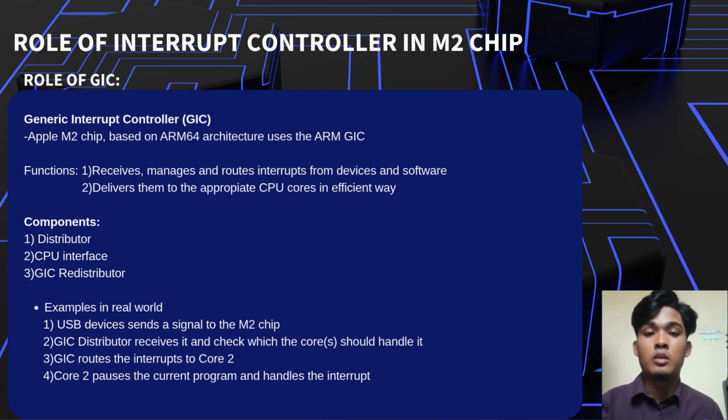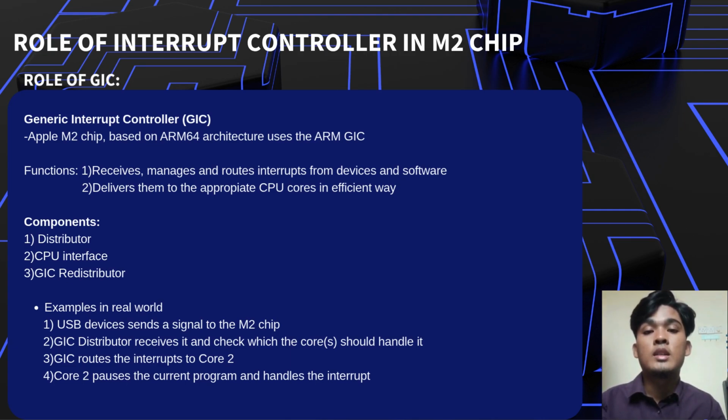Hello everyone, today I will share about a crucial component in modern system on chip, which is the role of interrupt controller in Apple M2. Generic interrupt controller, or in short GIC, is used by Apple M2 chip as interrupt controller. As we know, the chip is based on ARM64 architecture, and a key part of the architecture includes ARM GIC.